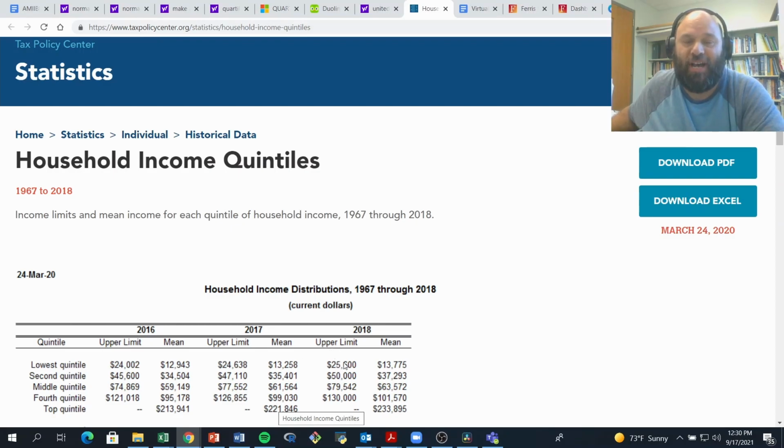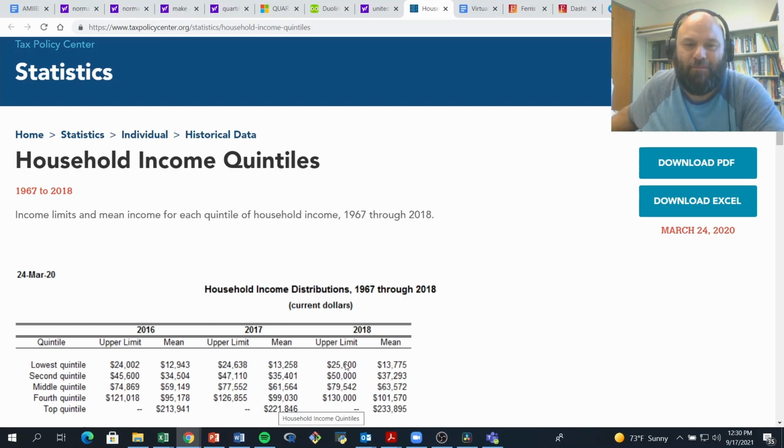The lowest quintile, the 20th percentile, covers all values between 0 and 25,600. Those are the incomes. The mean of all income earners in that range is 13,775 per year. The second quintile, the 40th percentile, is 50,000.